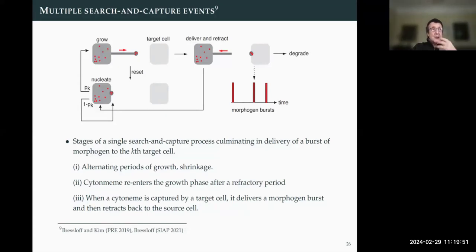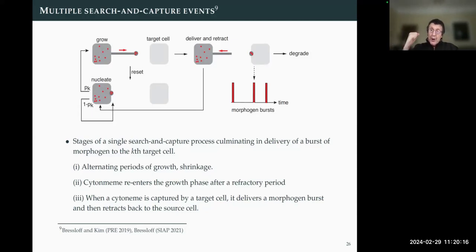The searcher isn't looking for something to grab, it's looking for something to deliver. So if you now look at the target perspective, you don't want to just say, okay, the searcher's found me, that's the end of the story. You want to ask what happens over time over multiple search and capture events, because from the target perspective, I want to build up resources and then utilize them.